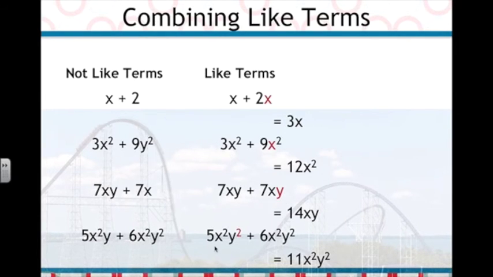And finally, x squared y squared plus x squared y squared just gives you x squared y squared. Notice the exponents don't change and the variables don't change. This is important to remember, especially as we go on to our next lesson on multiplying with polynomials.